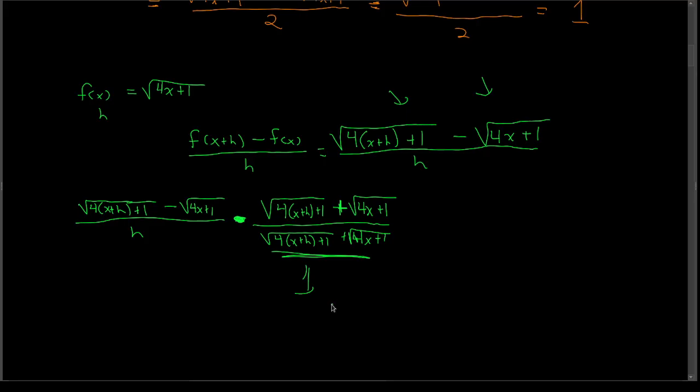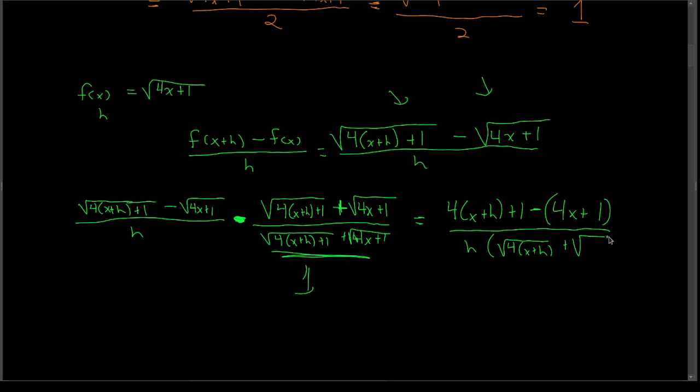So my answer is going to be the first thing squared minus the second thing squared over this new larger bottom here. Give it a little plus 1 down there, sorry.